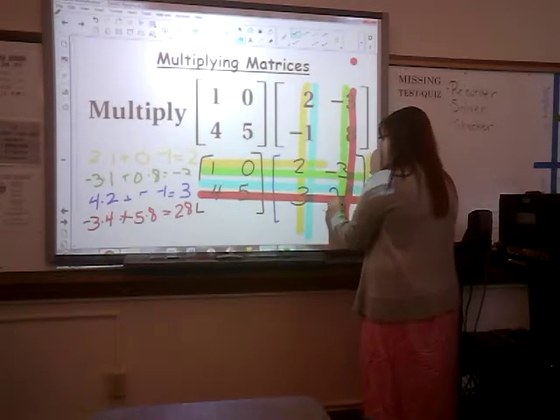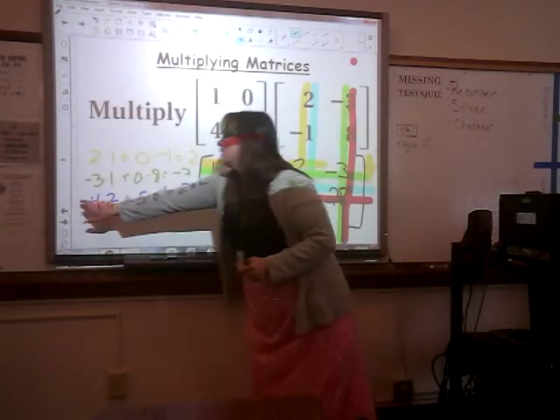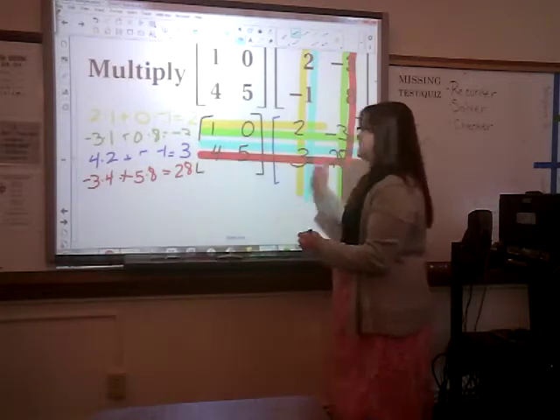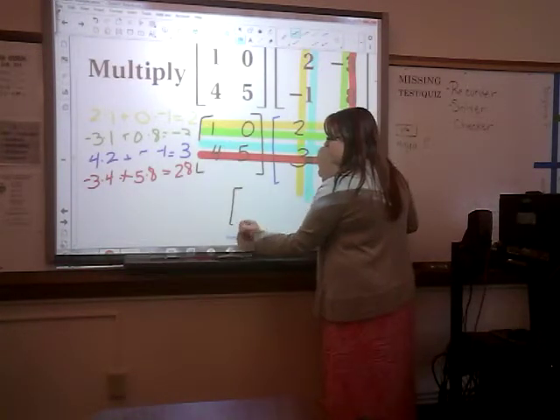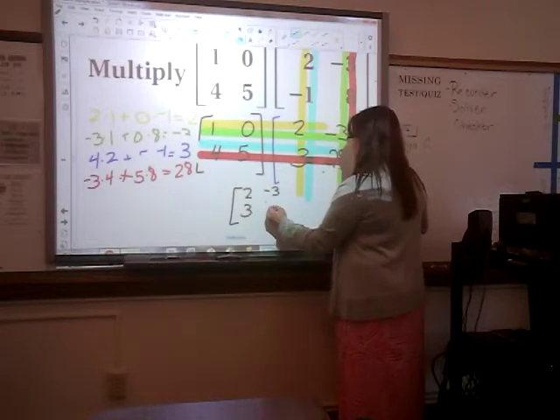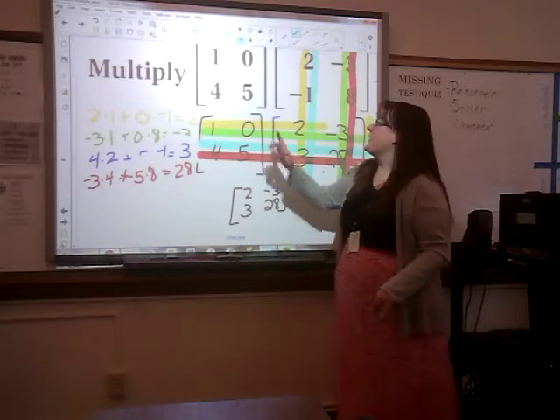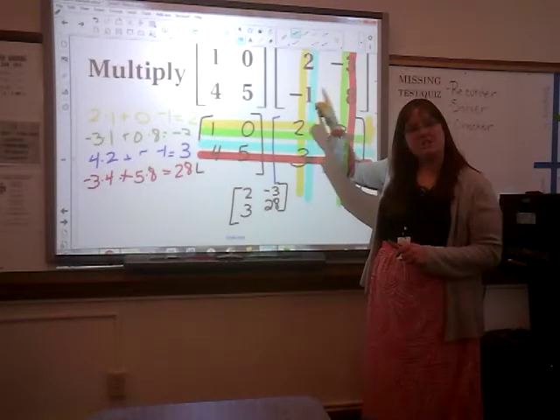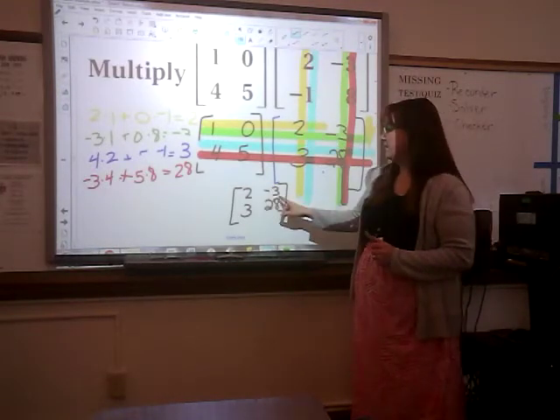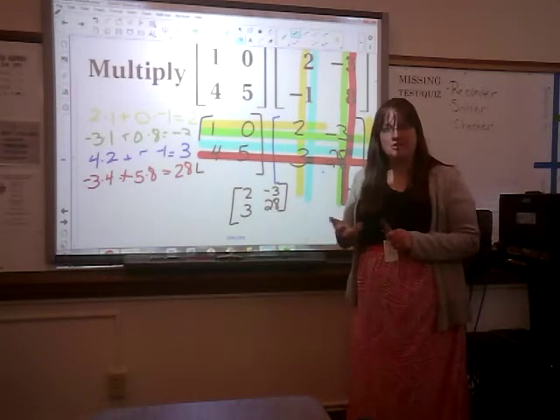And so our 28 goes right there. So our new matrix, we'll rewrite it since we have all this highlighting. The product matrix is 2, negative 3, 3, 28. And that's exactly what we expected, a 2 by 2 matrix. And that's what we got. So that's how you multiply matrices.